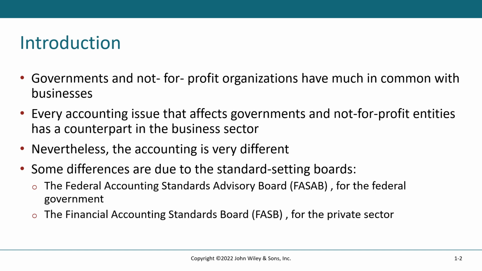And then for private nonprofits, it's the Financial Accounting Standards Board, or FASB. And FASB happens to be the accounting standard board that sets accounting standards for for-profit businesses. So as you go through this course, you will find that the presentation of data will be similar to for-profit businesses, with some slight differences in presentation of the data in a nonprofit setting.